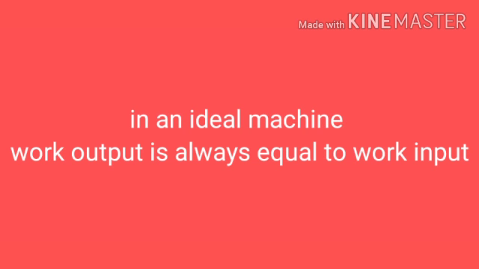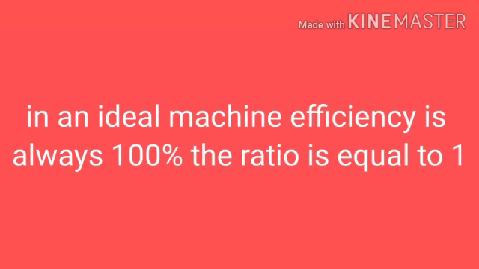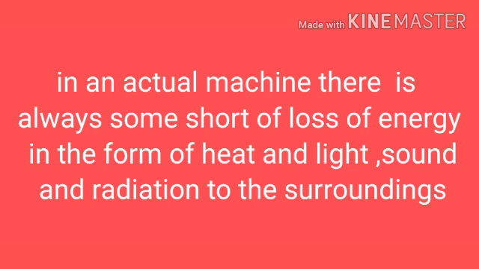In this case the work output is equal to the work input, and the efficiency of such a machine is always 100%. On the other hand, in an actual machine the output energy is always less than the input energy. It means there will always be some loss of energy to the surroundings in the form of heat, light, radiation or sound.